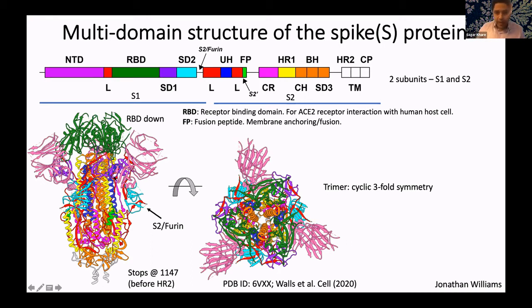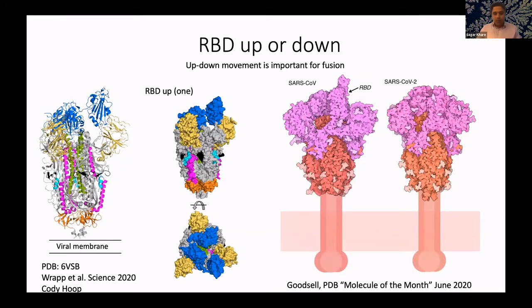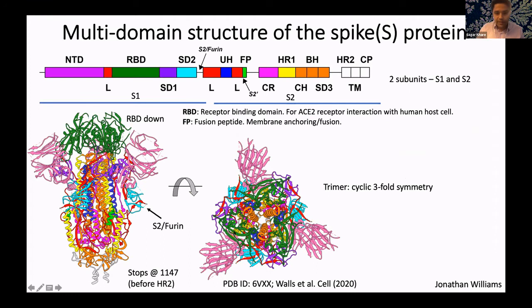So this is trimeric, the receptor binding domain is up, and these proteolytic sites, especially the S1/S2 site, are solvent exposed. One thing to notice is that the orientation of the receptor binding domain is extremely important. In the previous slide, what we saw was all 3 receptor binding domains lying flat on top of the stalk.